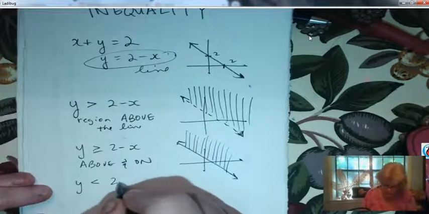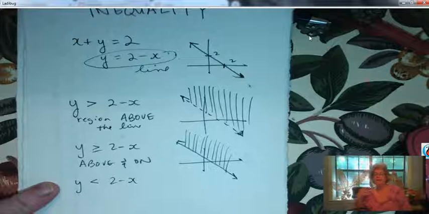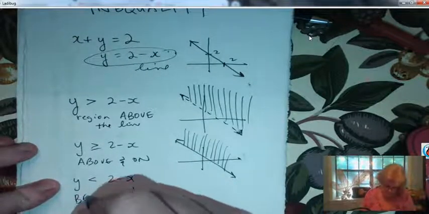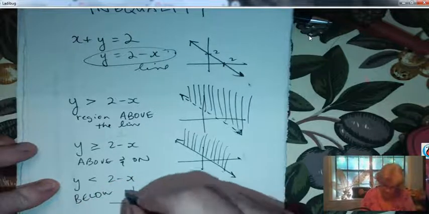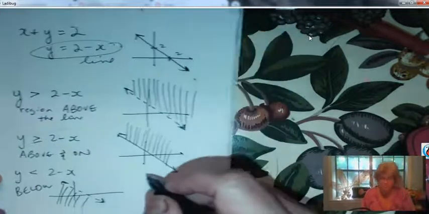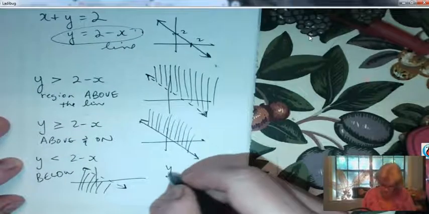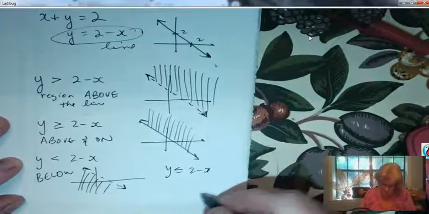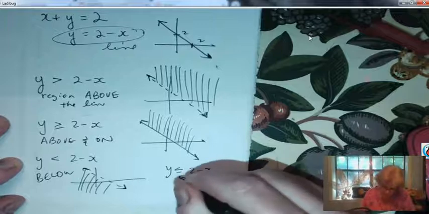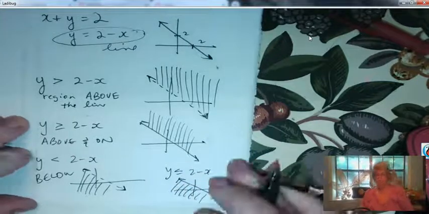What do we think that's going to be? That's going to be everything below, and strictly below the line. So that will be an infinite region, and it'll be everything below. And then of course, if the symbol is that, it will be on and below. So I have to draw it boldface and below.